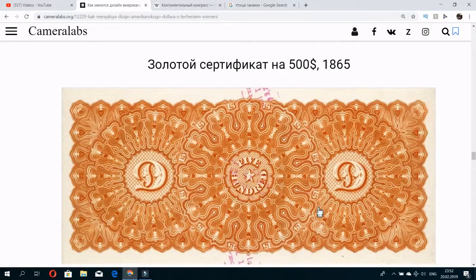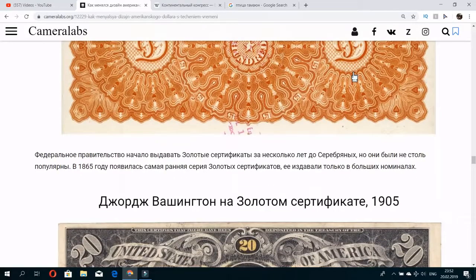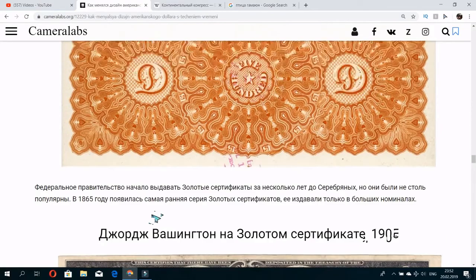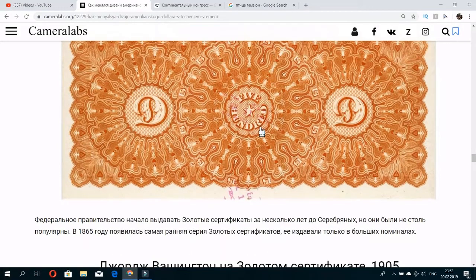So here's this gold certificate for $500 of 1865. The federal government started to give the gold certificates a couple of years before the silver, but they were not so popular, probably because they had a larger amount of money, costed much more.